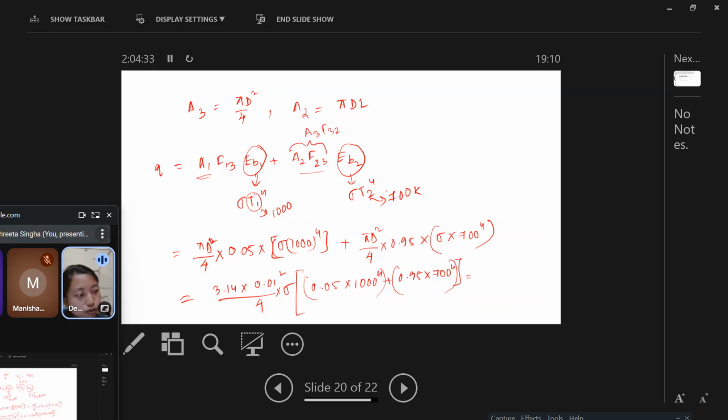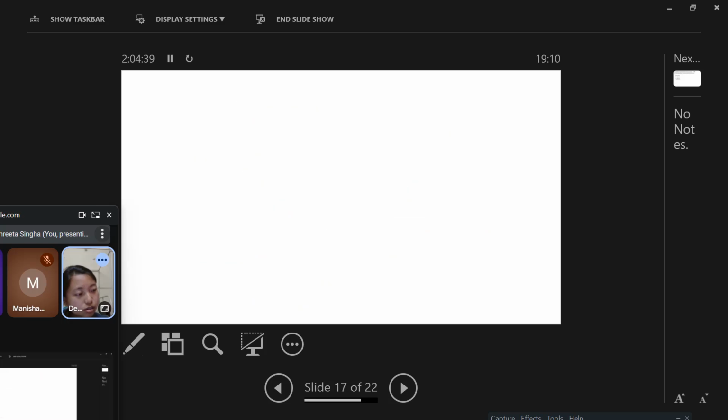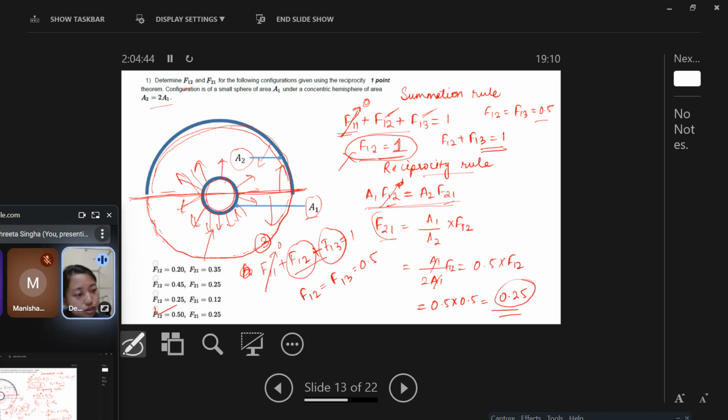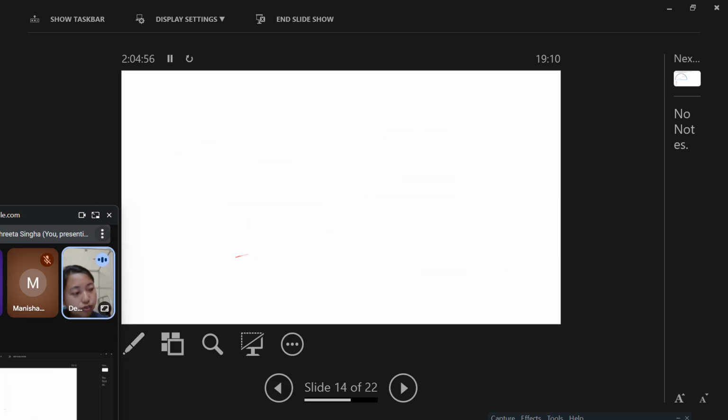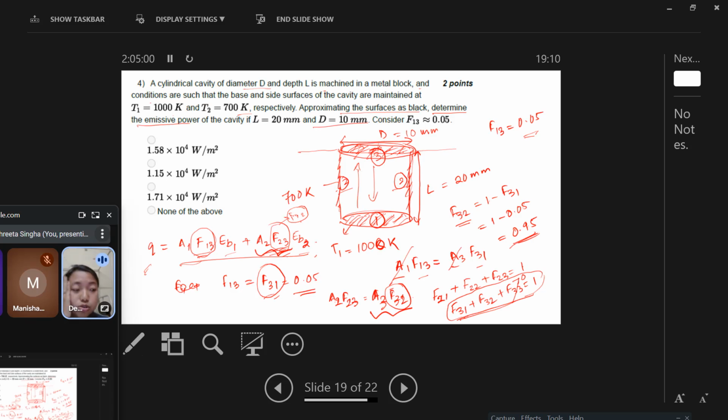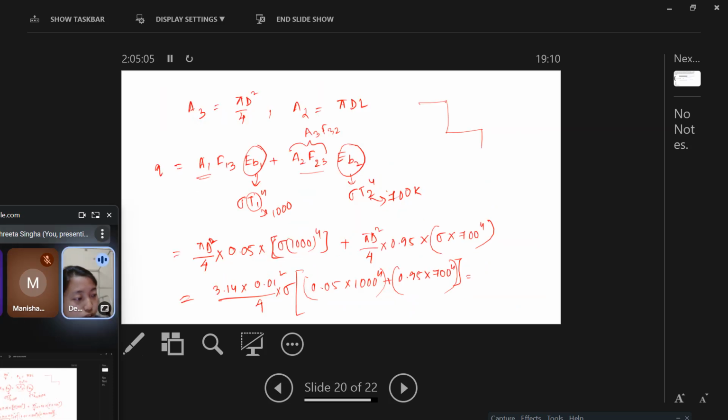Mostly the questions, if you get something like this, just like this one, where some surfaces are extending and it's not closed, in those types of surfaces you have to add an imaginary surface, like this one we have added. So, okay, I will try to come up with more questions on view factor, with more geometries then.